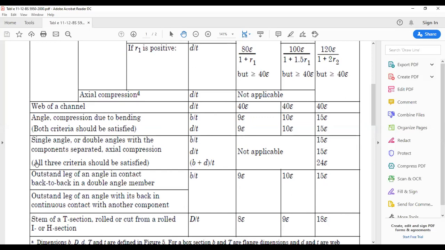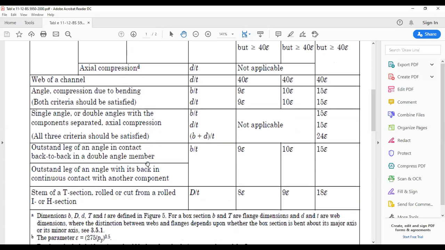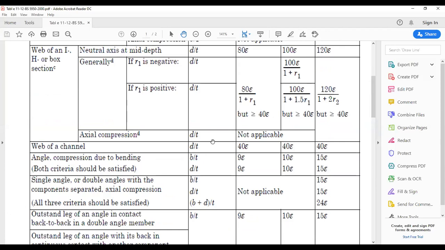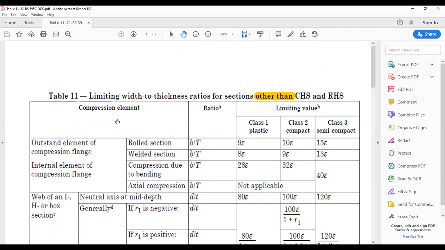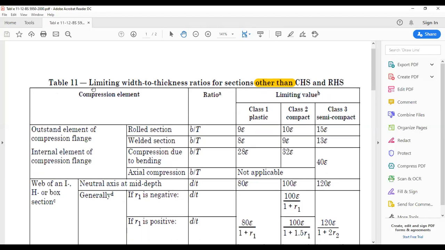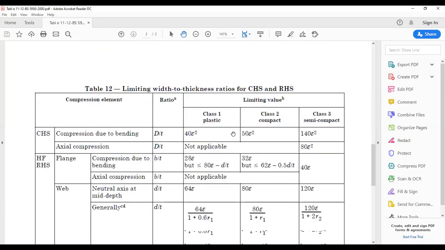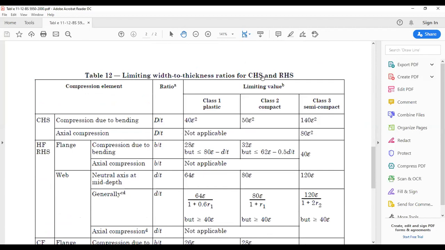We shall see these later. But all in all, these are classification limits for all sections that are not circular hollow sections or rectangular hollow sections. And this one is with respect to table 11. Now, if you look at table 12, you see, this is table 12 now. This is the classification criteria.